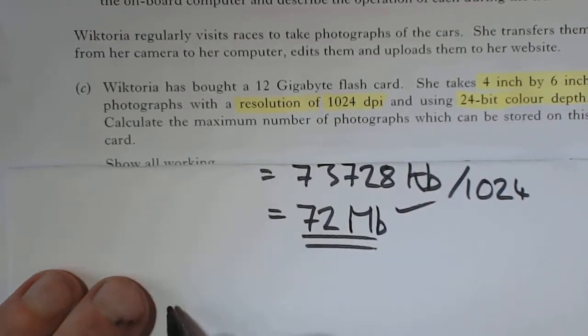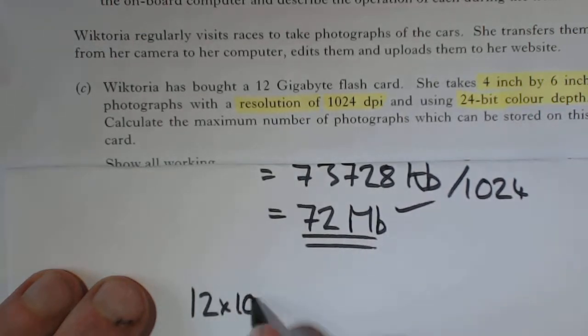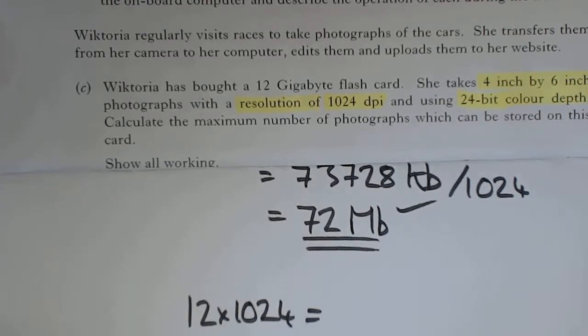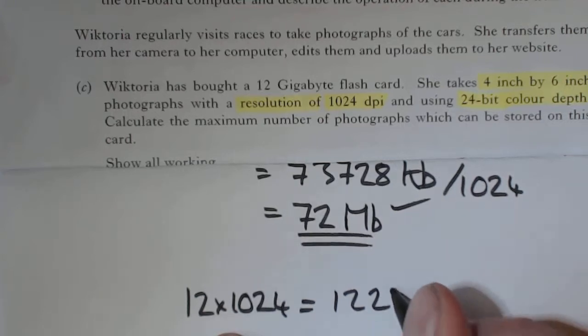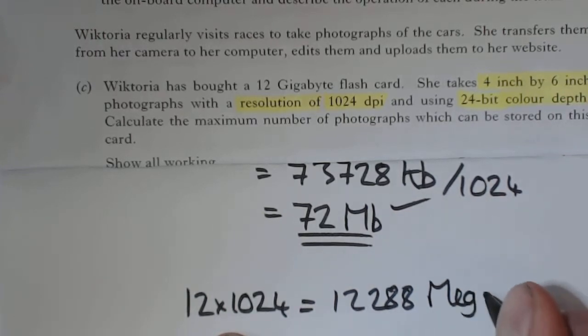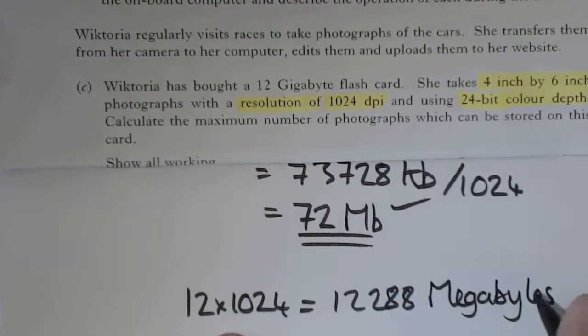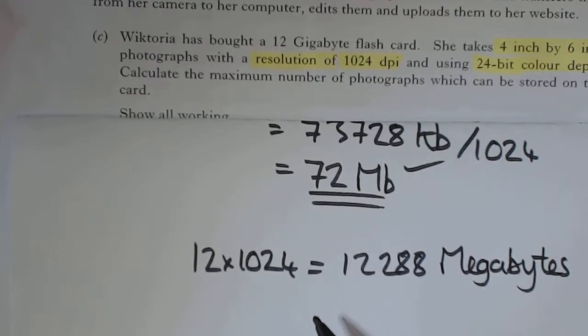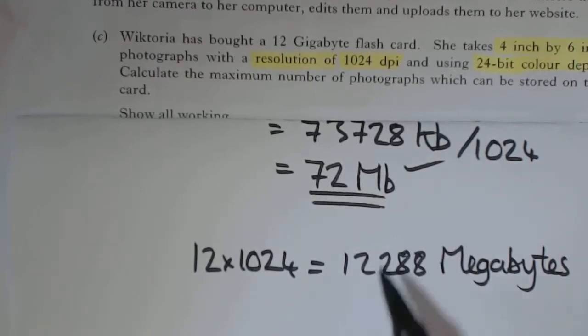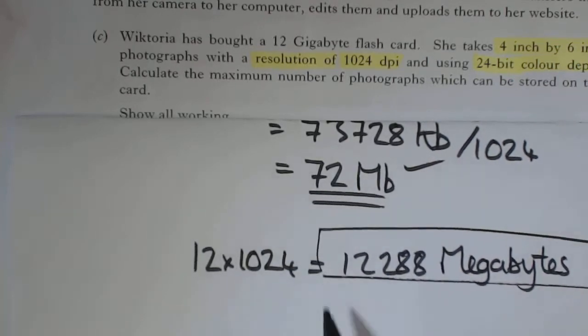We say 12 times 1024 gives you this number. The card was given in gigabytes, but we've now converted it into megabytes, the same unit, so it's easy enough to calculate how many of these pictures can fit in.